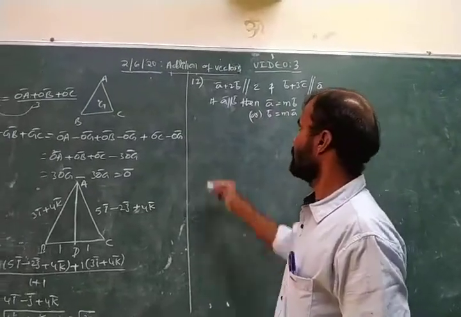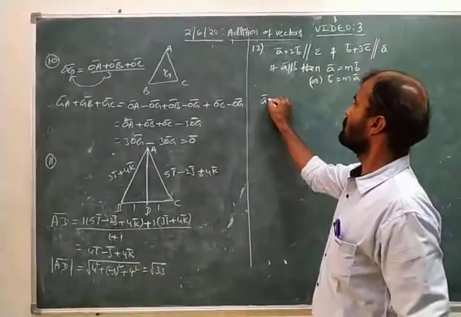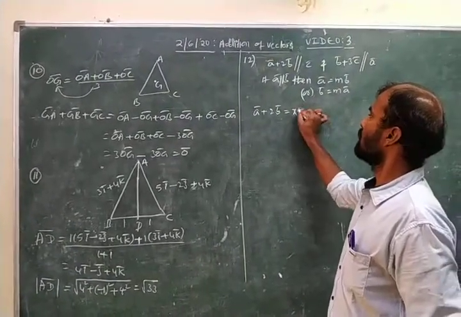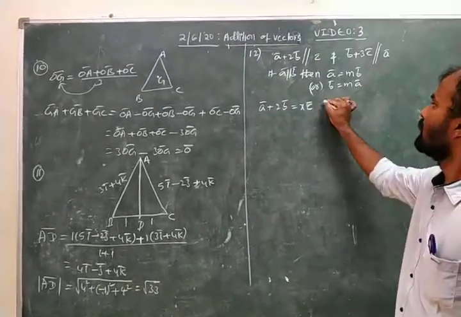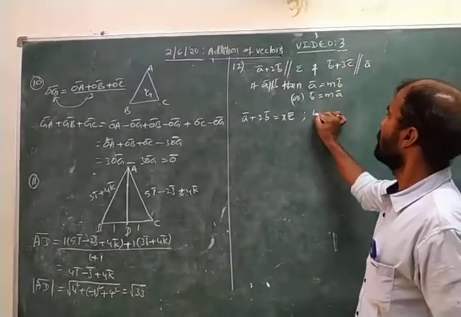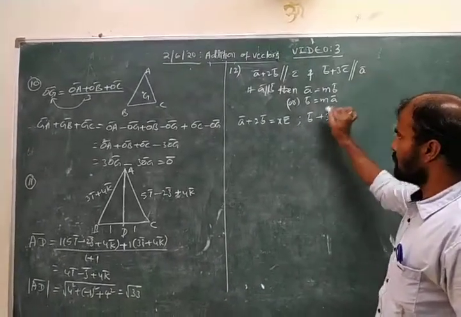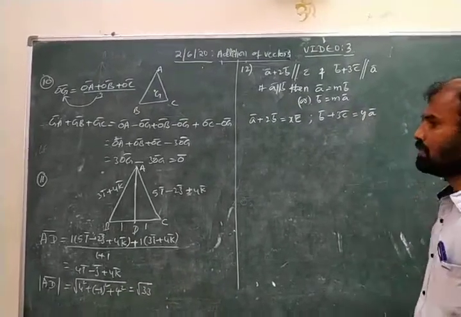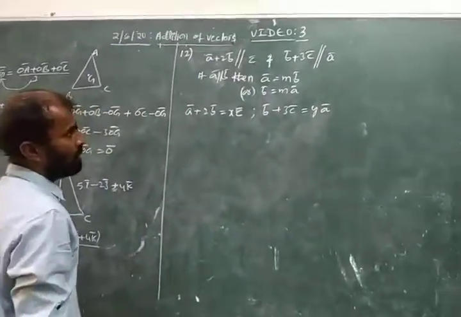So in this case, a bar plus 2b bar is parallel to c bar, which means a bar plus 2b bar is equal to some scalar multiple of the other vector, x c bar. Let that scalar be x. One more condition is given: b bar plus 3c bar is parallel with a bar. That means b bar plus 3c bar is some scalar multiple of a bar. Let that scalar be y.